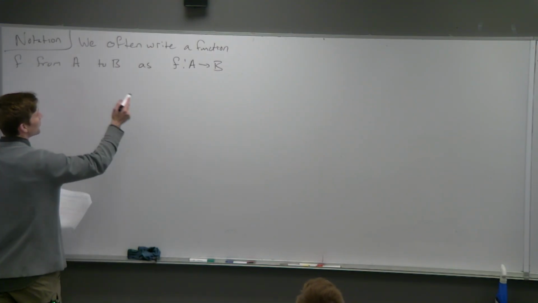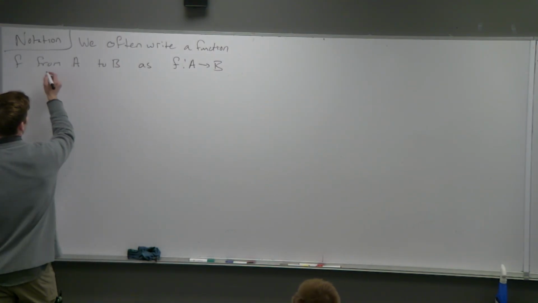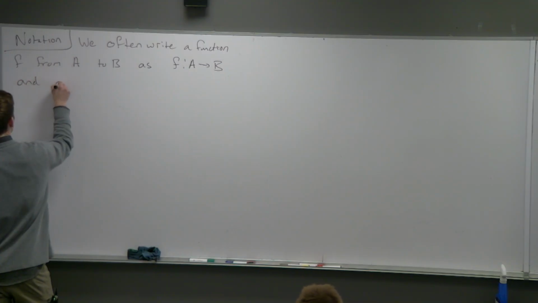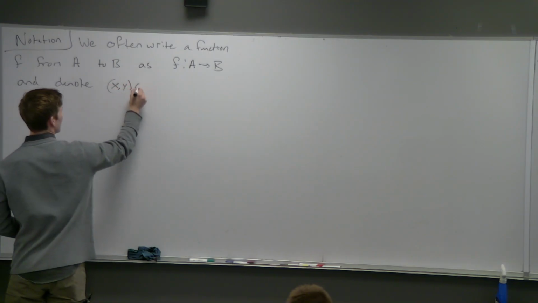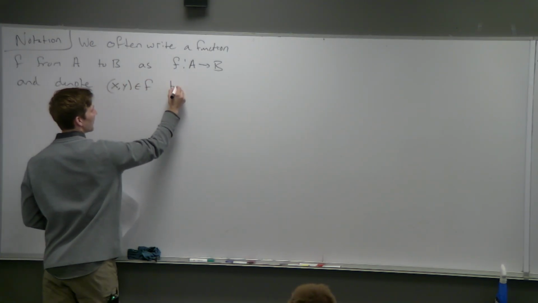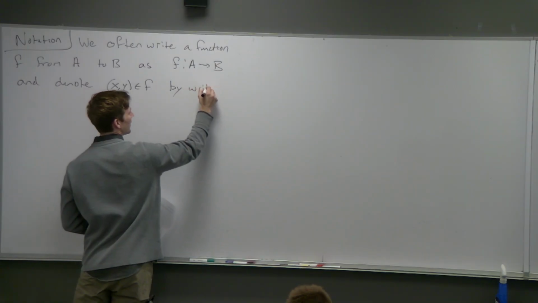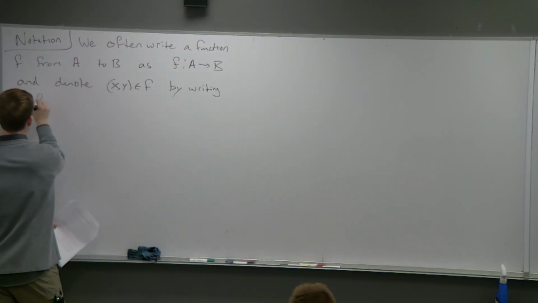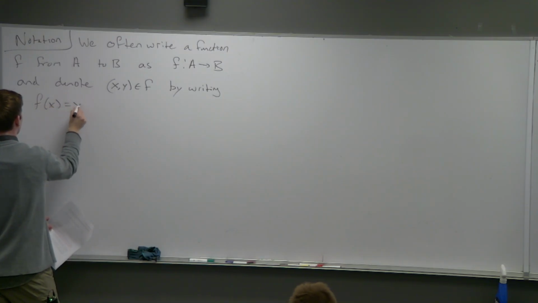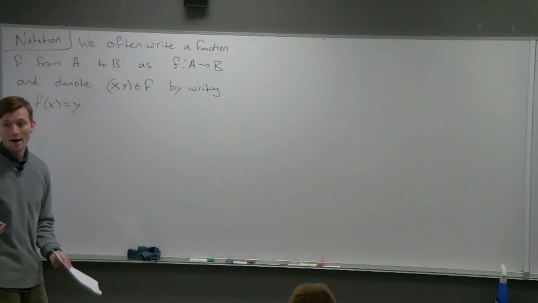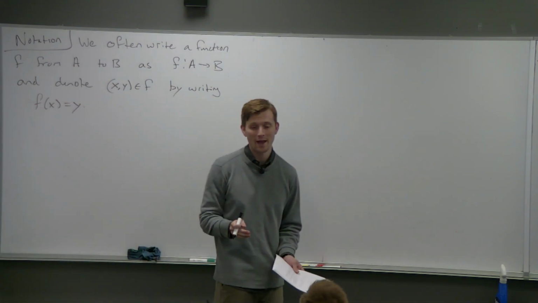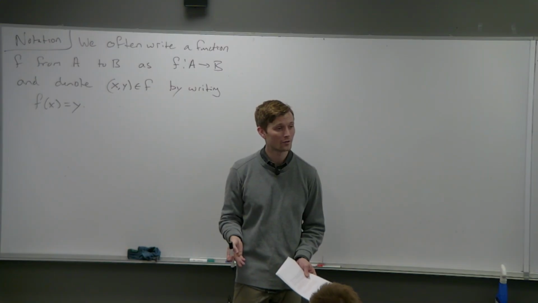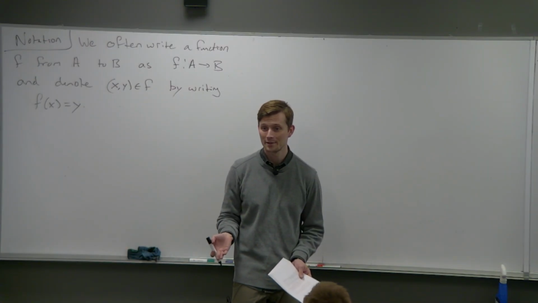We will often denote that xy is in f by writing f of x equals y. That is, f of x equals y just tells you that xy is a pair belonging to that relation.